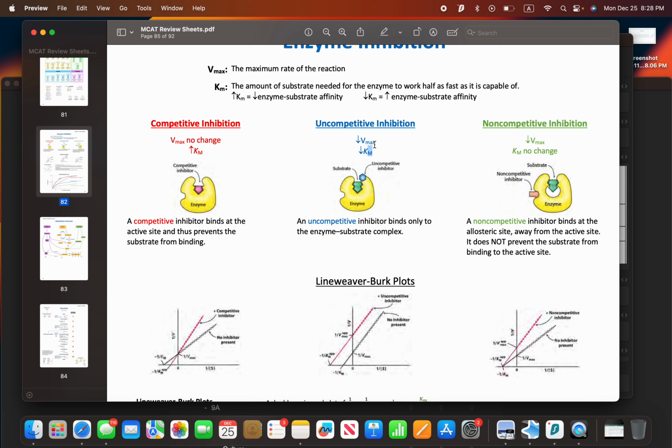Vmax is easier to understand because in the car analogy, you have fewer empty cars coming back at the origin to speed up the reaction.